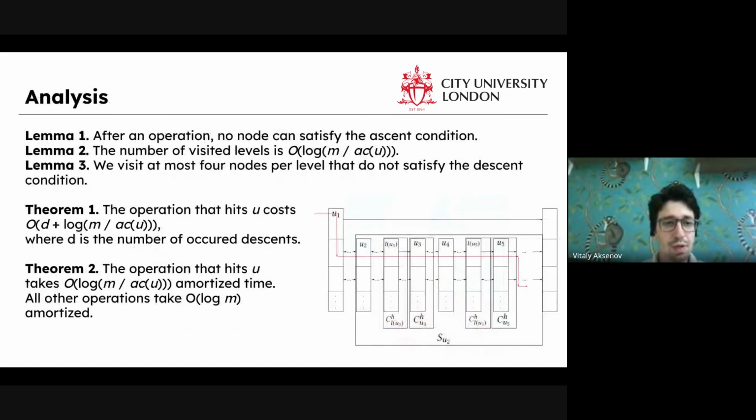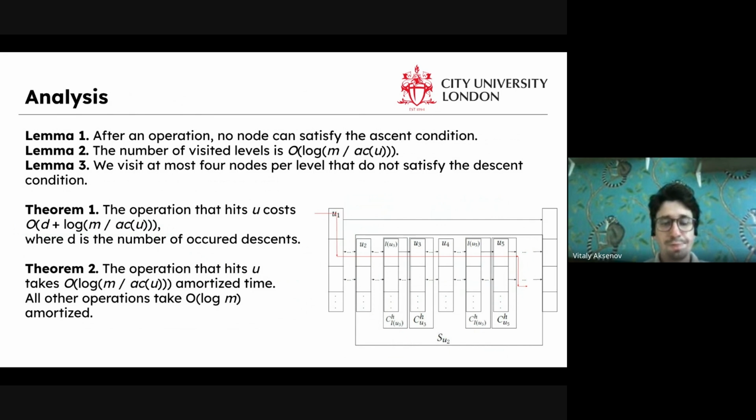The analysis is pretty simple. We just prove that on the path to any node, there can be only some constant number of elements on the same height. We prove that it's no bigger than 8. And thus, we can prove that the total operation cost is d plus the logarithm of the number of requests divided by the number of requests per u.